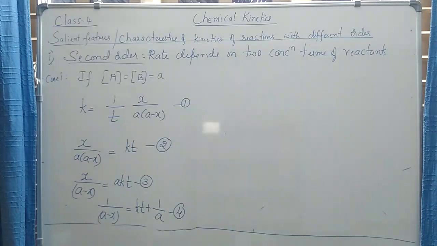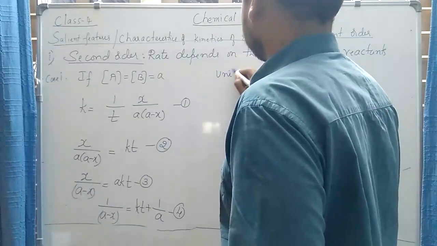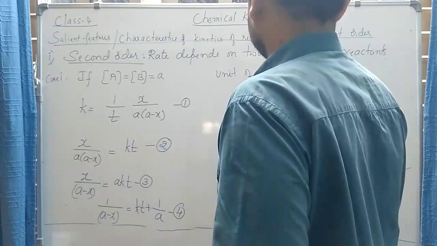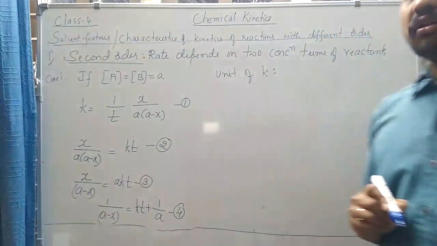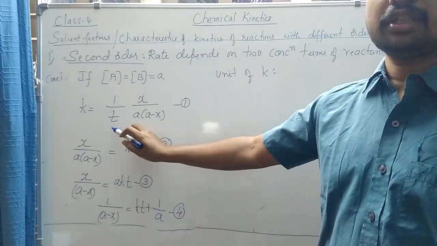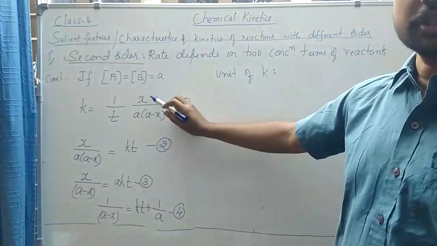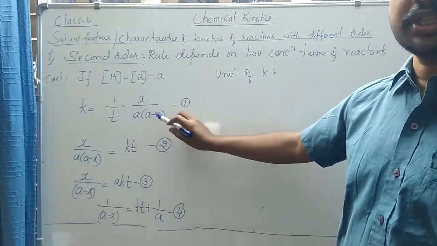Now let us first find out what is the unit of K. Here you have in the denominator concentration and time. Here you have concentration divided by concentration into concentration.